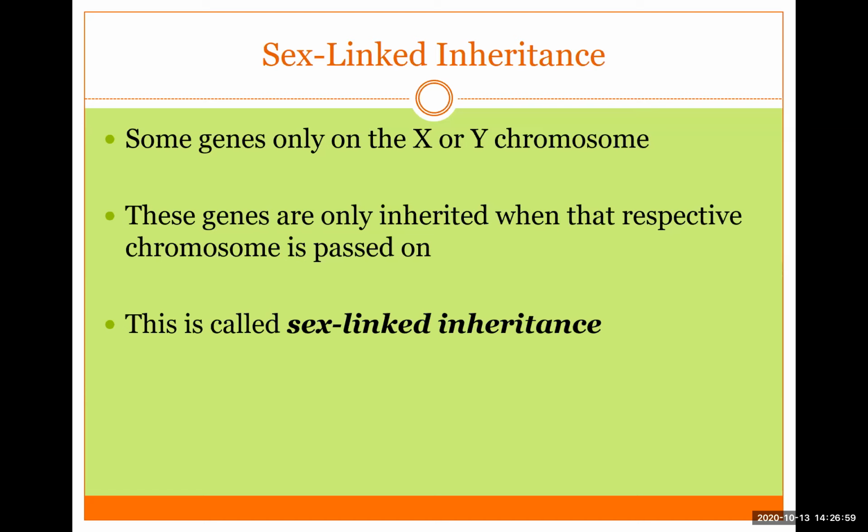So I think I mentioned that the default sex is female, right? I mentioned that last time. And the presence of this Y chromosome, there's 1 gene on that chromosome called the SRY gene, and that starts to transition the entire body towards male.